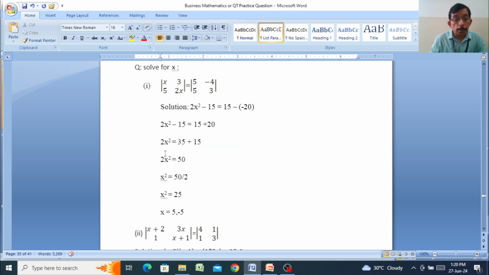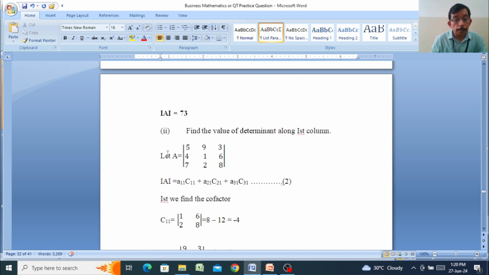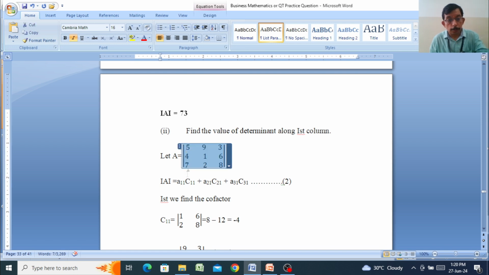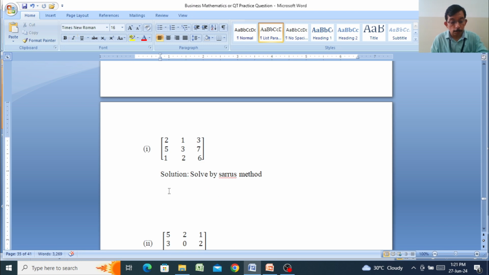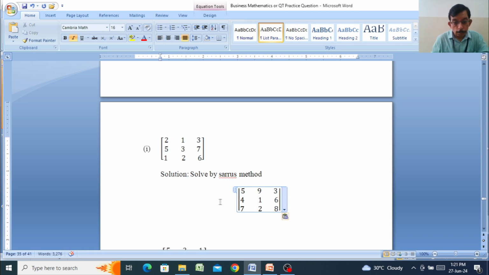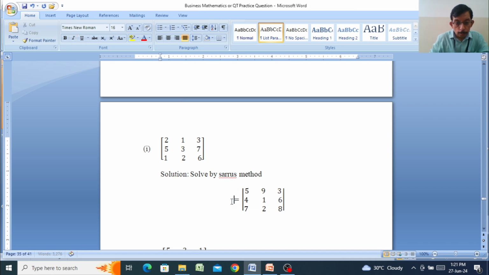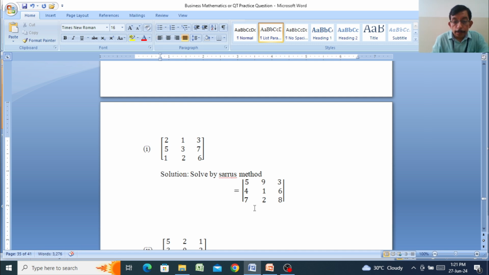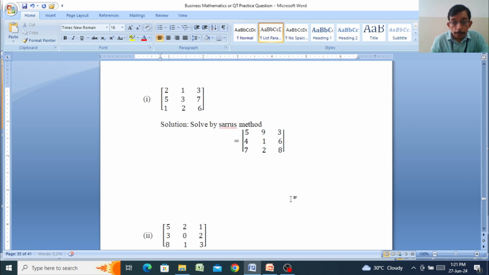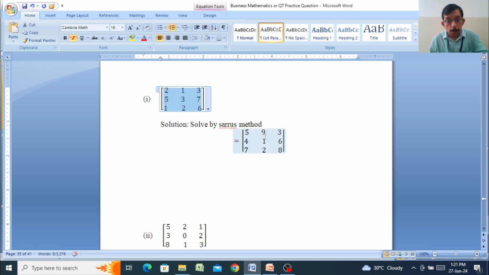Note down the determinant form. Now put the values of the given determinant in here.